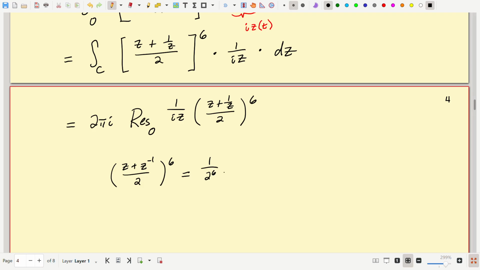And then I use the binomial theorem, doing Pascal's triangle, and get z to the 6th plus 6z to the 4th plus 15z squared plus 20. This is kind of tedious, but plus 15 over z squared plus 6 over z to the 4th plus 1 over z to the 6th.